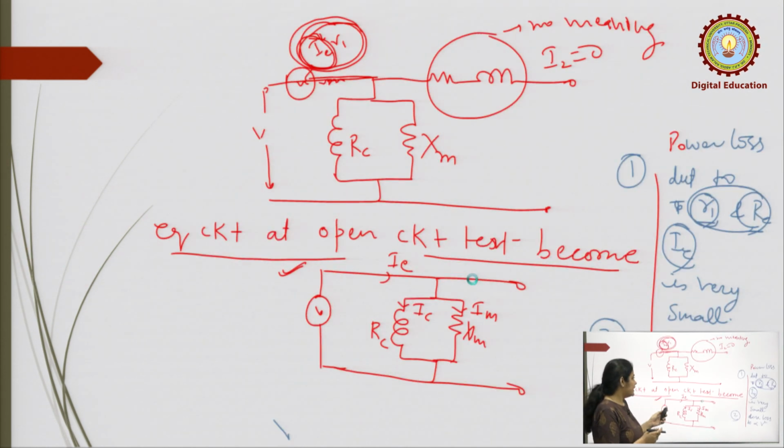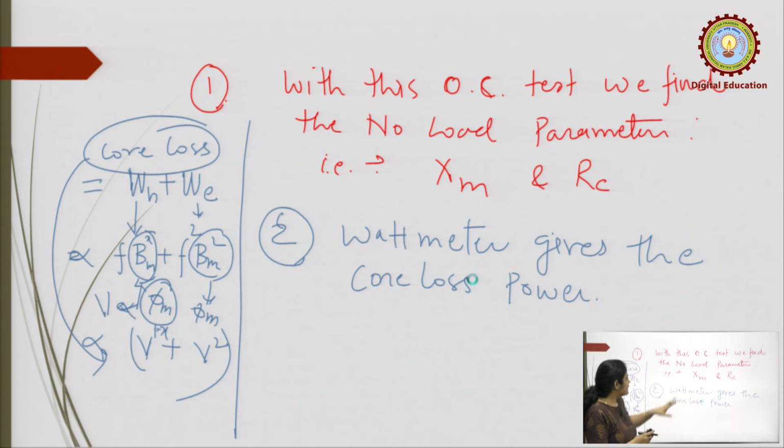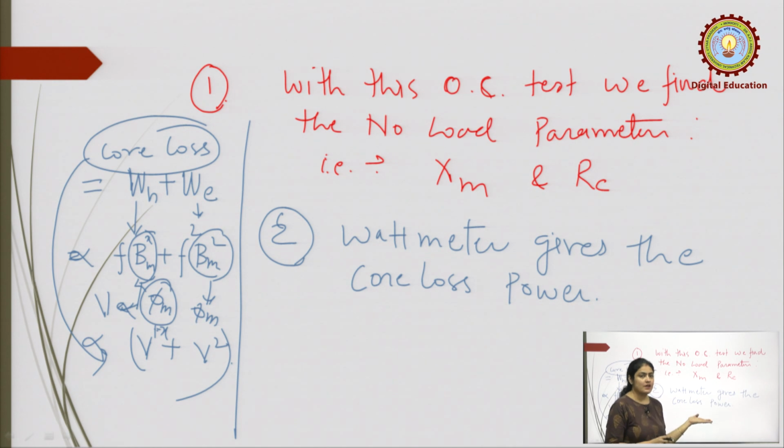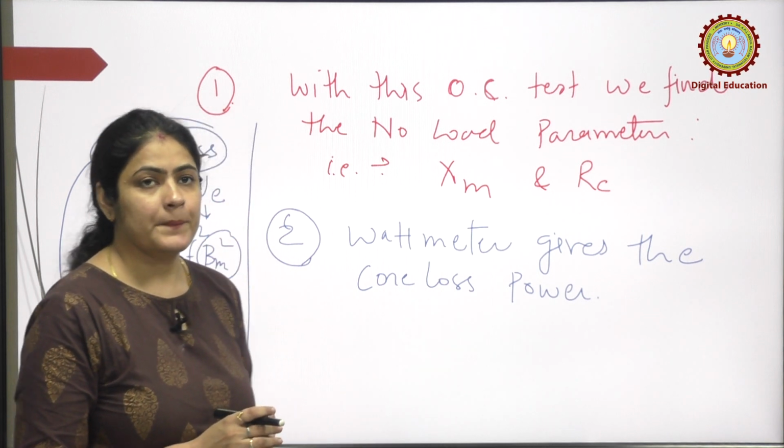This is the circuit diagram of the no load circuit, and with the help of this open circuit test we can find the no load parameters of the transformer, like Xm and Rc, and we also get the power, which we can assume is the core loss power.